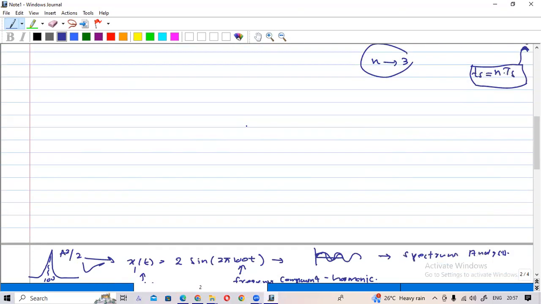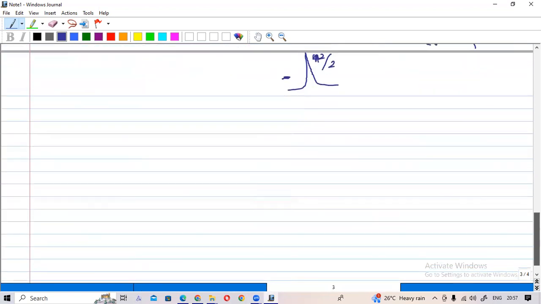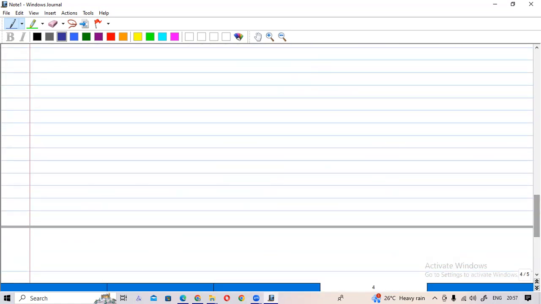Actually, we are mainly focusing on representing any signal as a collection of complex exponential terms like this. We call this the complex exponential Fourier series representation.